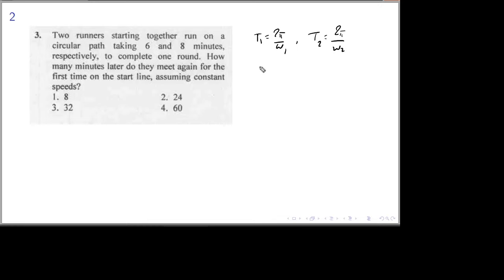The relative angle between them should be equal to a multiple of 2 pi, that is 2n pi. Theta is omega relative into t, so this is our relative angle. Omega relative is omega 1 minus omega 2, just take the modulus.